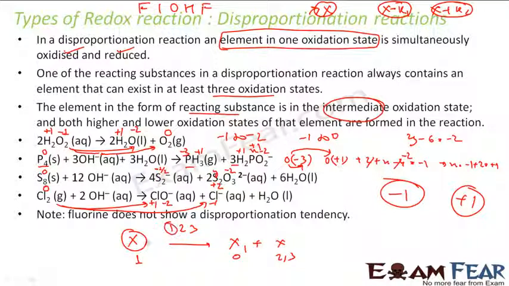If it is 3, then it won't be able to oxidize, because it would have to become 4, which is not possible since it has only the range 1, 2 and 3. So it has to be 2. If it is 2, it can become 1, it can become 3. So in this case, it got reduced and it got oxidized. It has to have a minimum of 3 oxidation states, and the reacting species should be in the intermediate state.